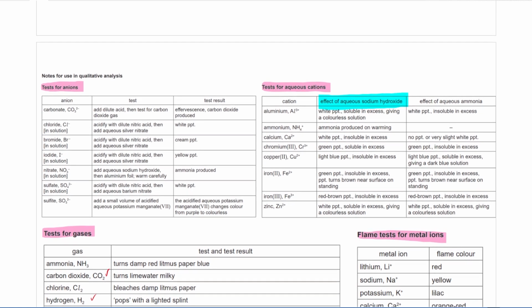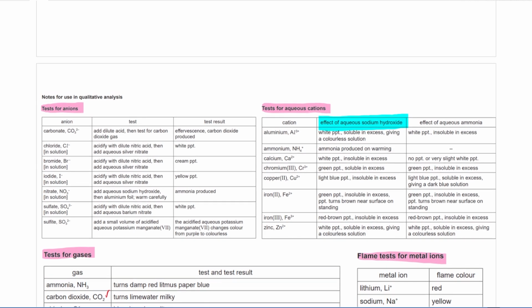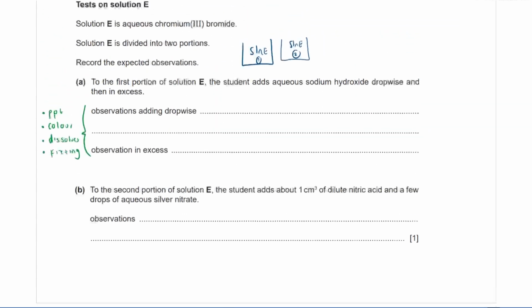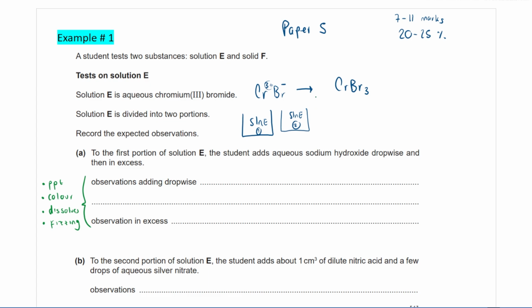Something that is very common in this kind of exercise is that you have an anion and a cation. So here the solids and the solutions are formed by cations and anions. So we're always trying to identify cations and anions, because all of these compounds are normally ionic compounds.